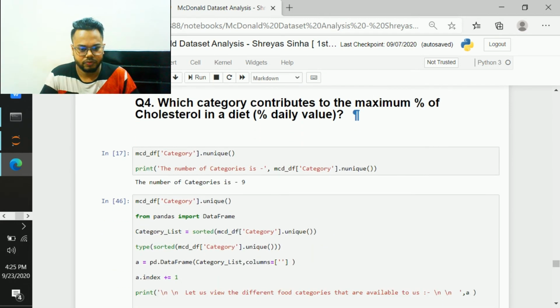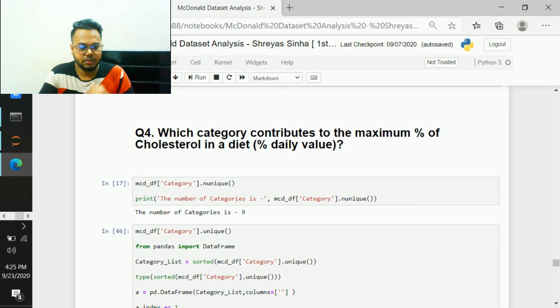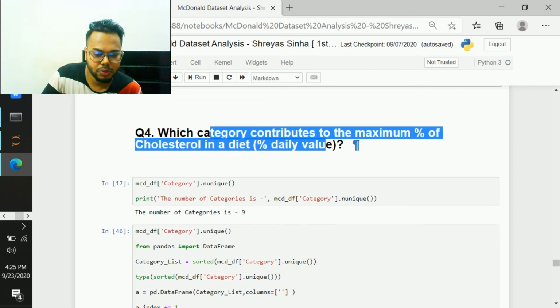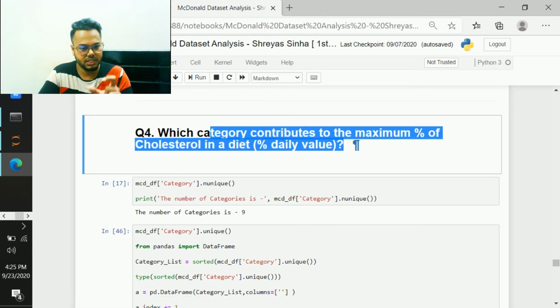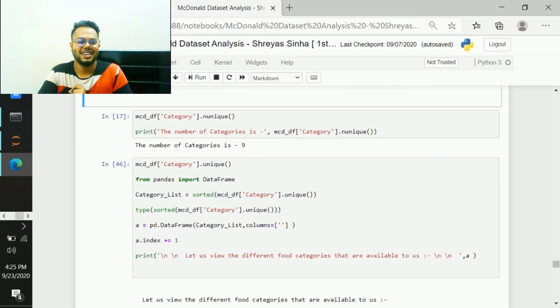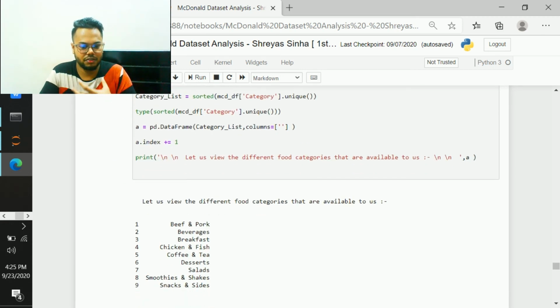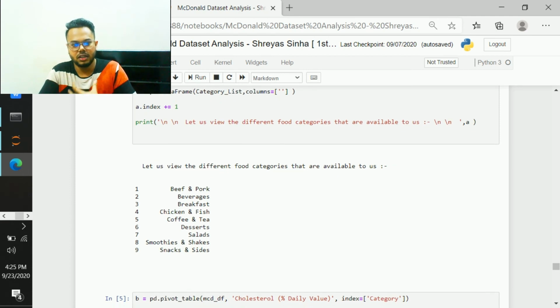So, we go to the next question: which category contributes to the maximum percentage of cholesterol in our diet? This is something which a lot of us would find very important, right?